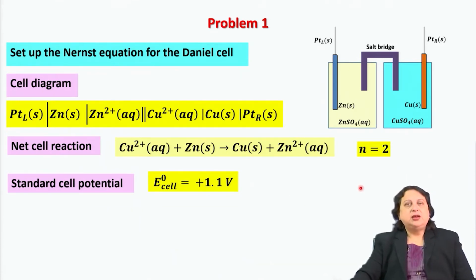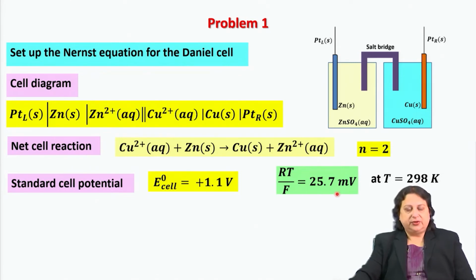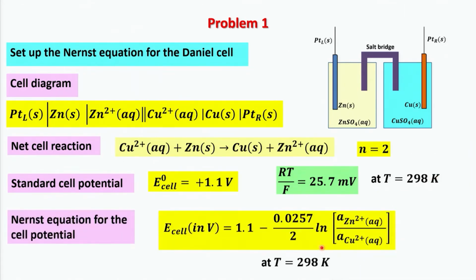Now, this brings me to another useful expression, that is RT by F. This is a constant at a given temperature. In general, this is 25.7 millivolt at 298 Kelvin. If that is so, then you can rewrite the Nernst equation for the cell potential in this form, where I am expressing E cell, the cell potential, in units of volt.